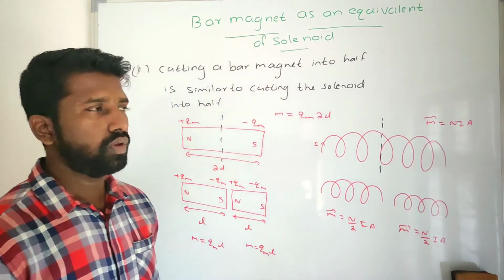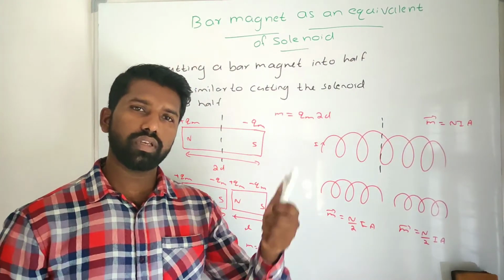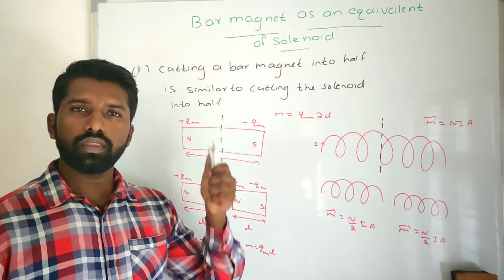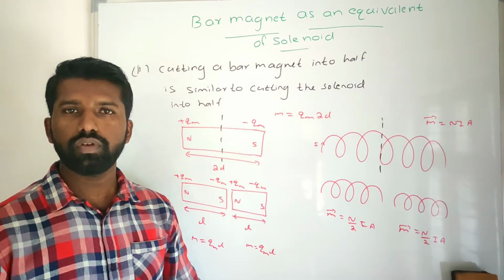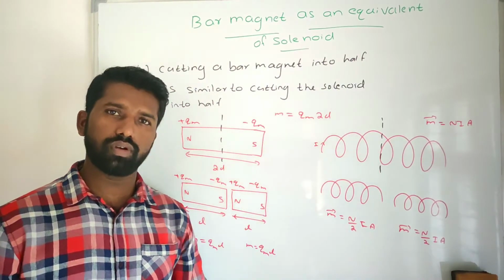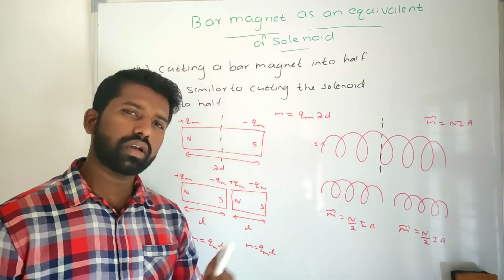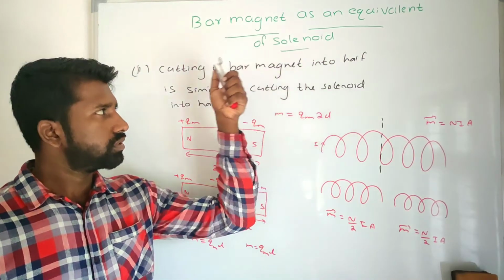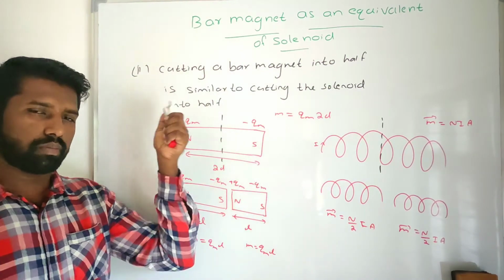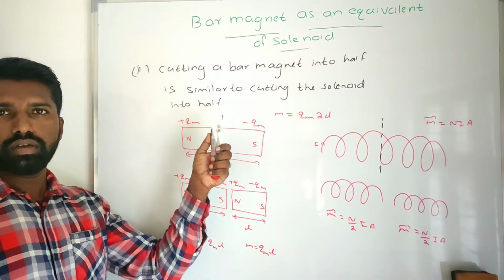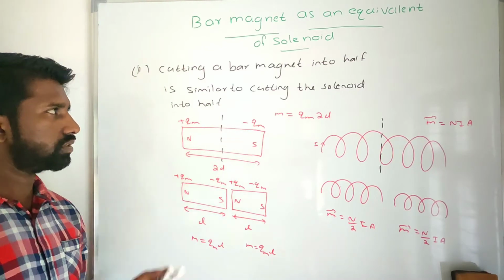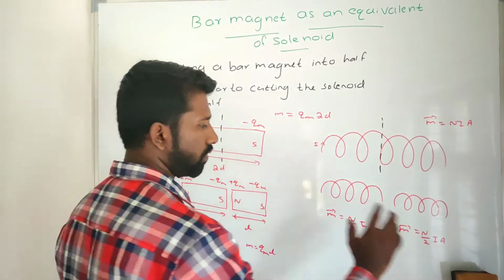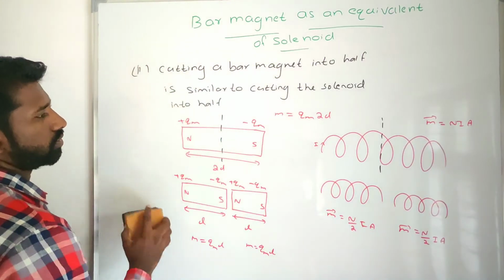So now we can say that if a solenoid is cut into two equal halves, we will get two other solenoids of weaker magnetic properties. This is similar to the bar magnet cutting. This is the second similarity between the bar magnet and the solenoid.